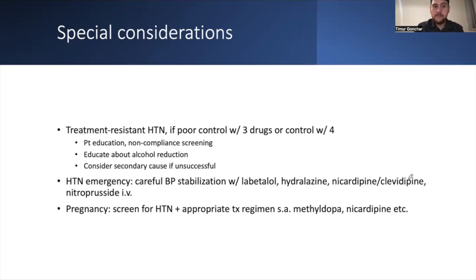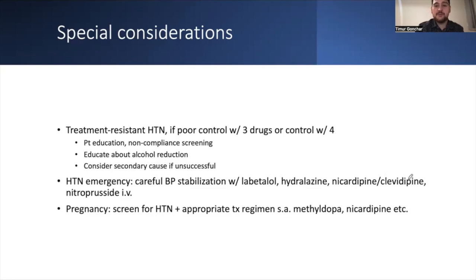For pregnant patients, it's very important to screen them for hypertension, because as we all know, some pregnant women are going to get something called preeclampsia or even eclampsia, with elevated blood pressure and end organ damage, which is an emergency for a pregnant woman. You have to properly treat hypertension if you find out this patient has this disease.